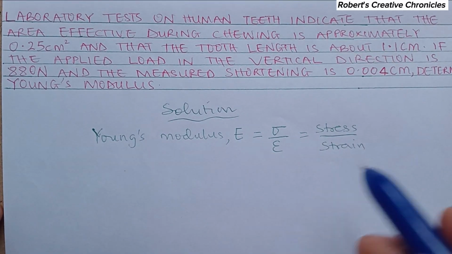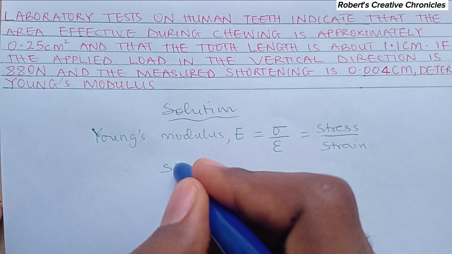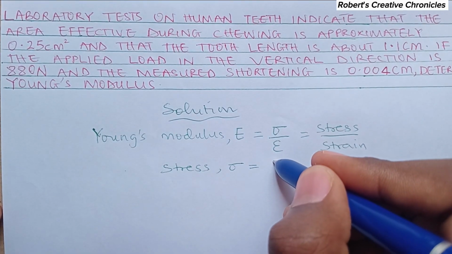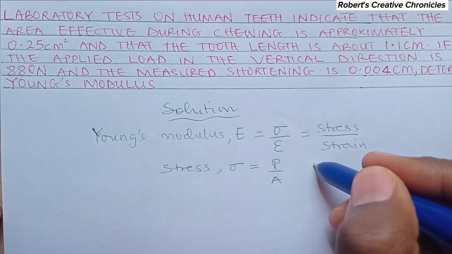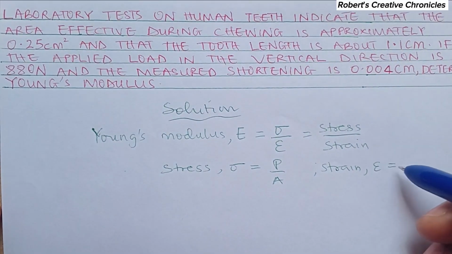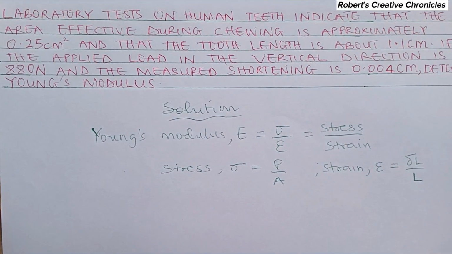So now we know that stress on its own is equal to what? Force over area. And strain is equal to change in length over the original length.